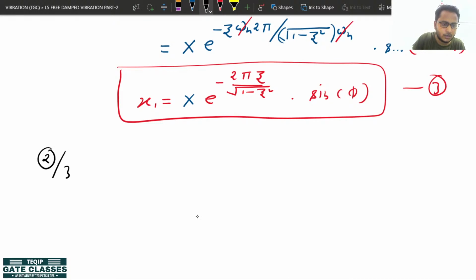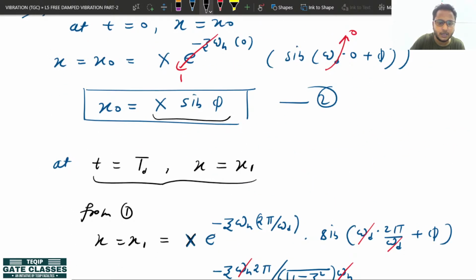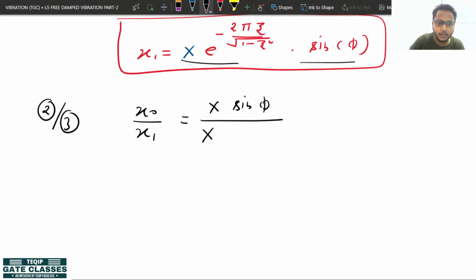Now we can find the ratio of the amplitudes: equation 2 by equation 3, that is x naught upon x1. The value of x naught is capital X sine phi, divided by x1, which is capital X exponential to the power minus 2 pi zeta divided by root of 1 minus zeta square, multiplied by sine phi.